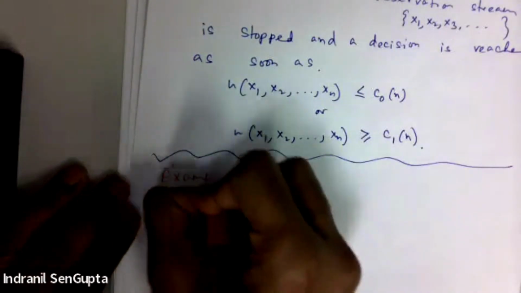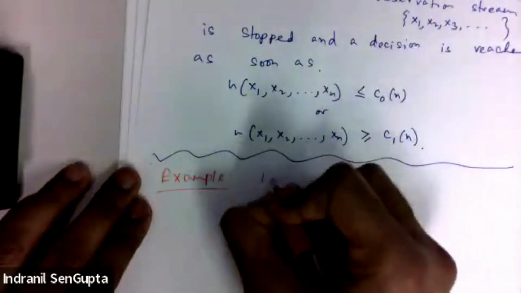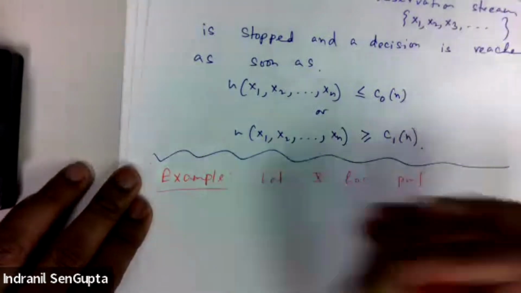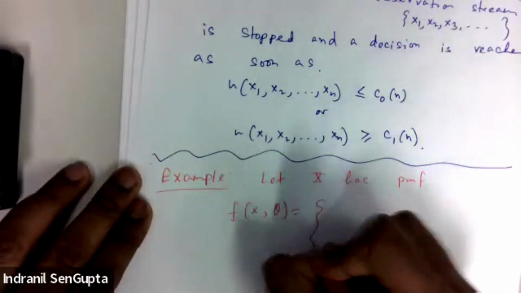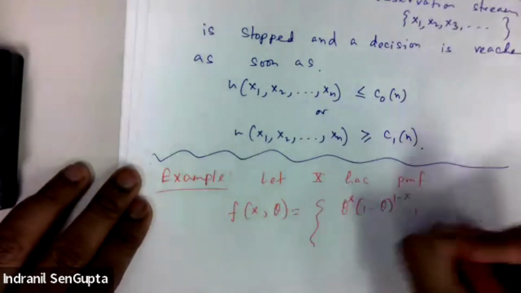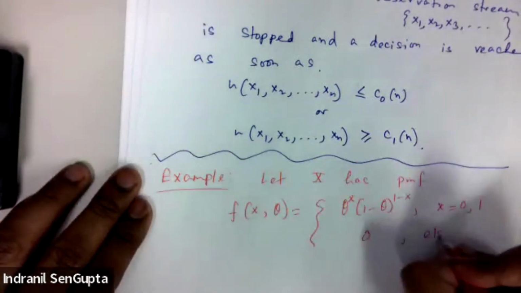So example. So let's start with an example. Okay. So X has the probability mass function, which is given by f of x theta, which is equal to theta to the x, 1 minus theta to the 1 minus x, and the values of little x can be 0 or 1, and 0 elsewhere.